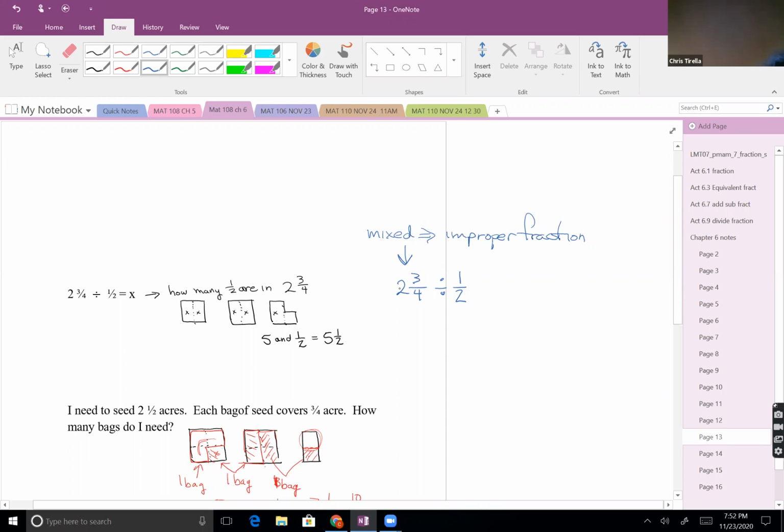Let's see. 2 times 4 is 8 plus 3 is 11 fourths divided by 1/2.